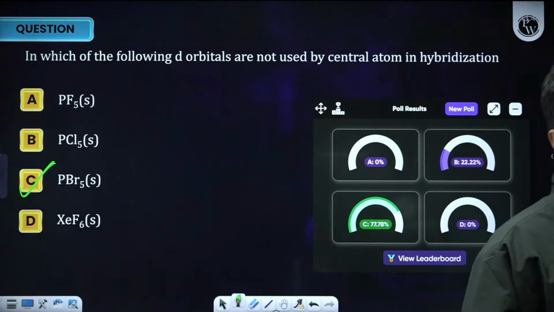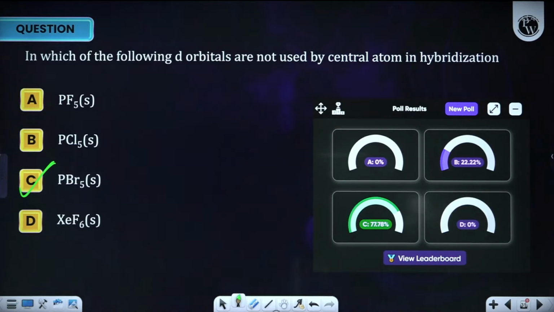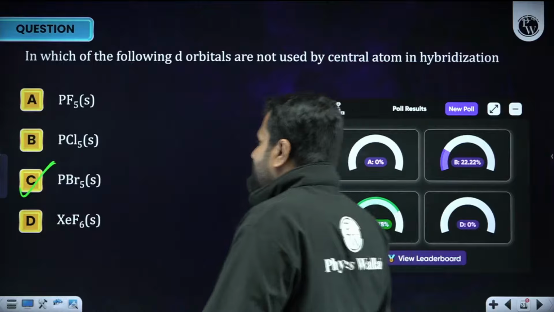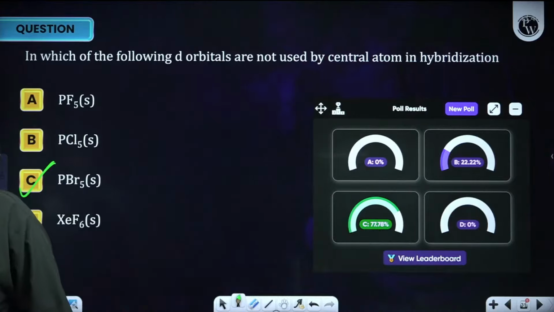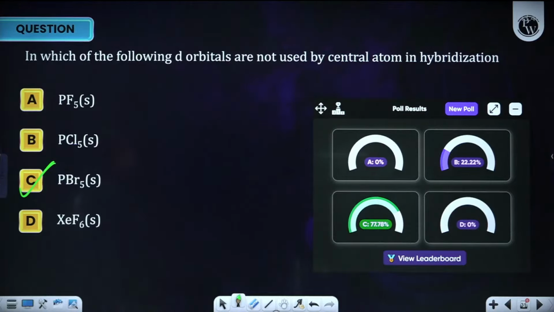It is clear, right? So this is very, very important. In PBr5 only, d orbital is not used.